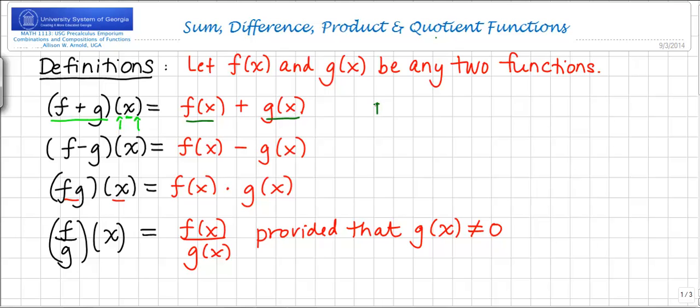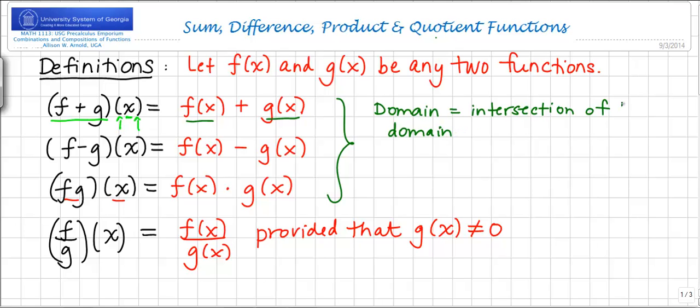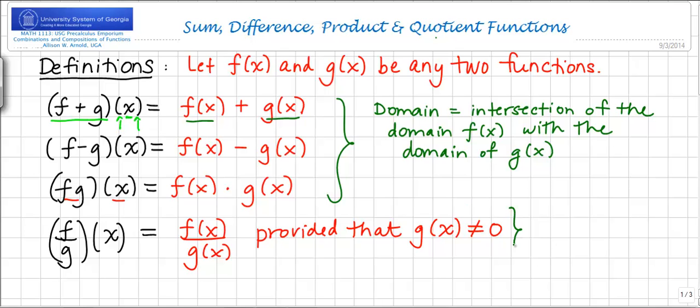So your domain on all of these three anyway, is the intersection of the domain of f with the domain of g. In other words, you want them both to be satisfied. And the same thing is true down here with the extra stipulation that you don't want to divide by 0.